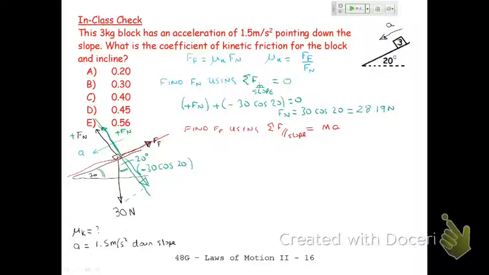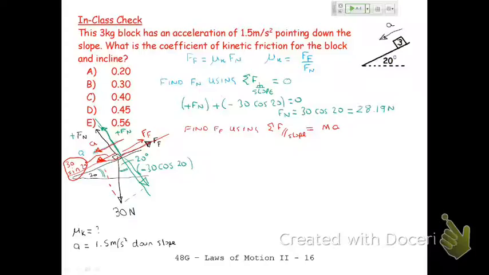So, arrow in that direction, that is going to be 30 sine 20. Got my FF in that direction, but I've also got my A. Let's make sure we put our A down so we don't forget it. Parallel to the slope? Yep, parallel to the slope.